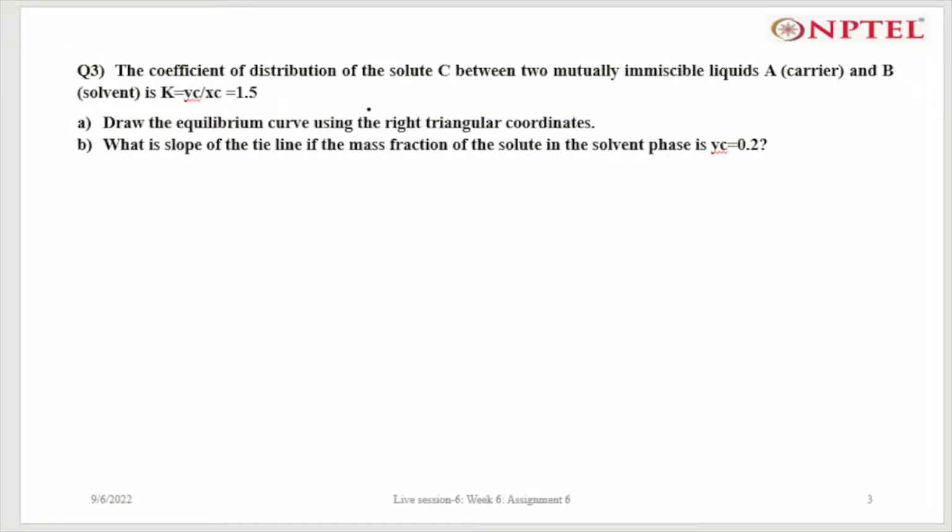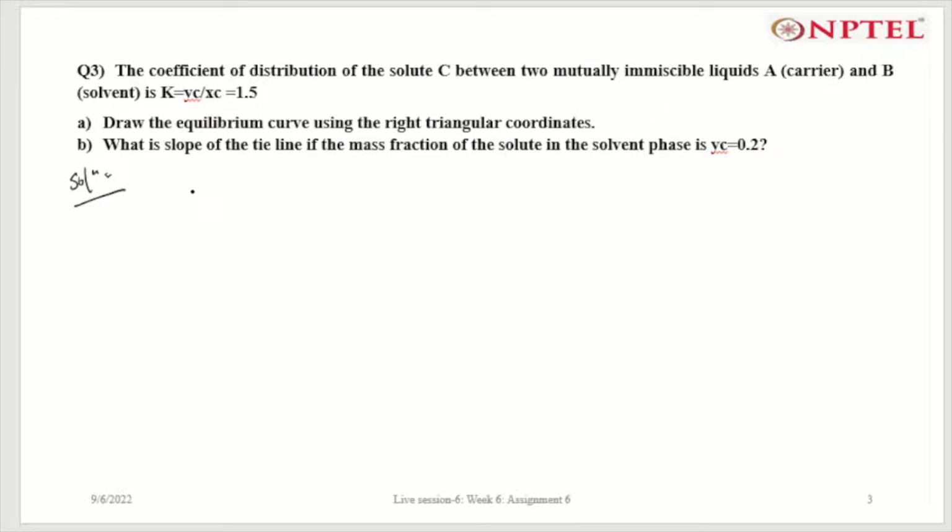The coefficient of distribution of the solute C between two mutually immiscible liquids A and B is K = YC/XC = 1.5. The question is to draw the equilibrium curve using right triangular coordinates, and then find the slope of the tie line if the mass fraction of the solute in the solvent is YC = 0.2. Here it is given that A and B are mutually immiscible liquids.